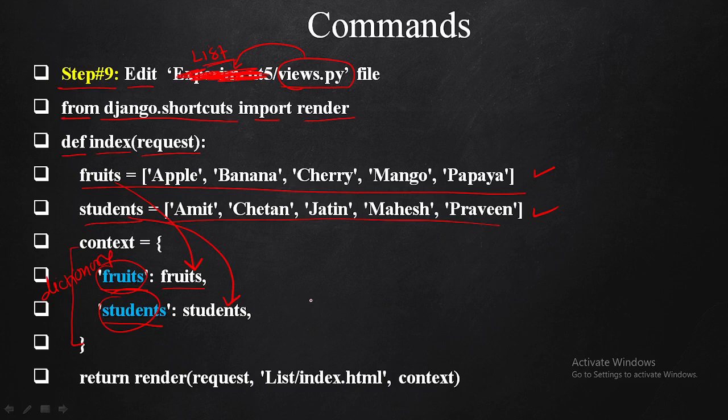By using these, it creates a dictionary which is called context. By using the index.html, this context, and the request object, it calls the render function, generates an output and gives it to the user.